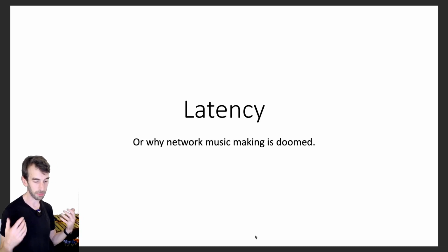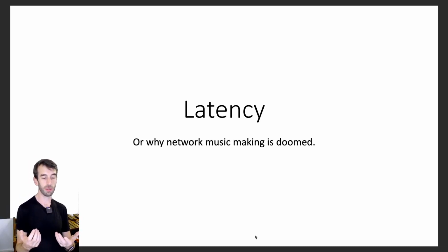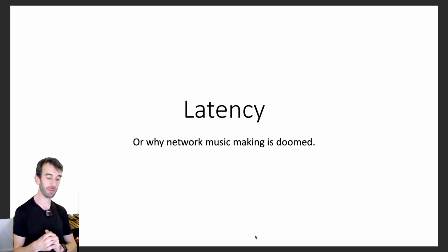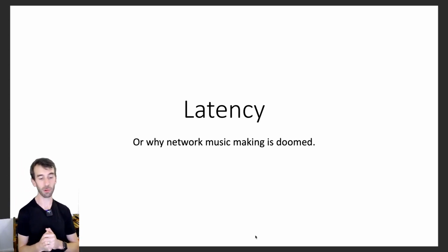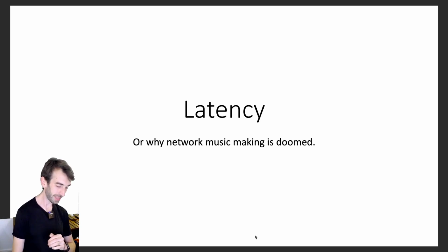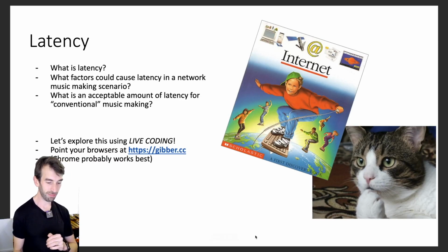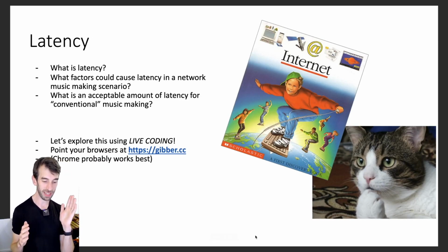Now that we've gone through a couple of different modes of working together with music, I'll talk about maybe the chief limitation of doing music over networks, and that's latency. So this is latency and why network music is doomed. Whenever you send a message from one place to another, it takes time.